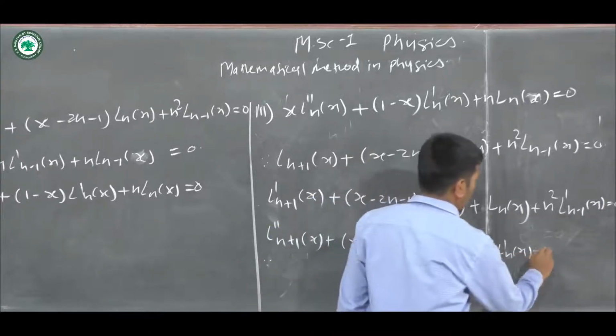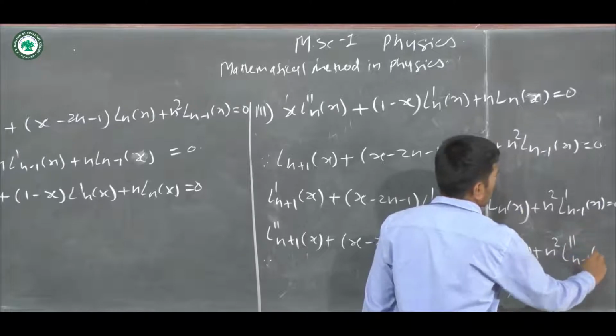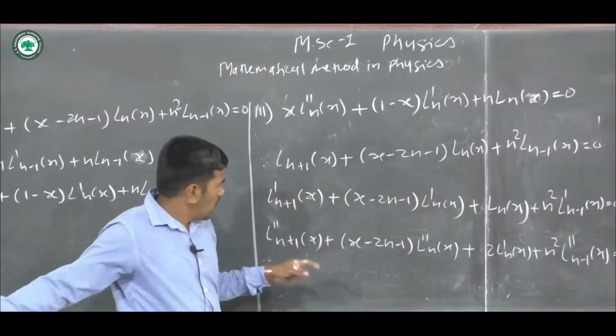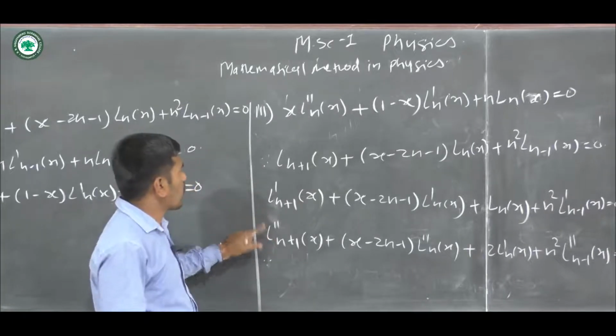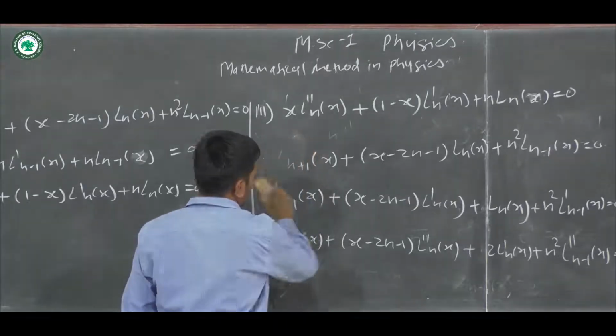Okay, and plus n square L_{n-1}''(x). Okay, so this is the second time we differentiate with respect to x of this first recursion relation.